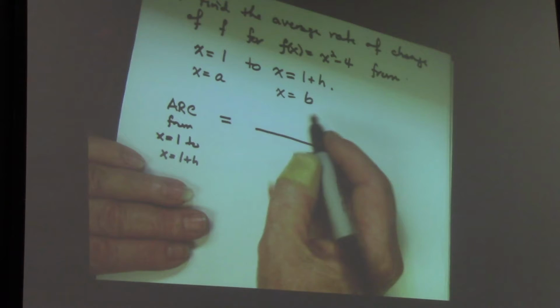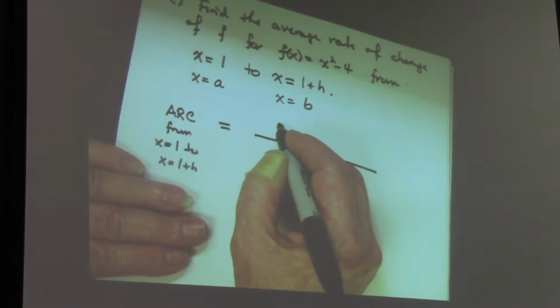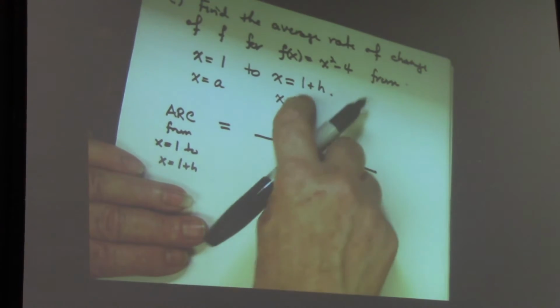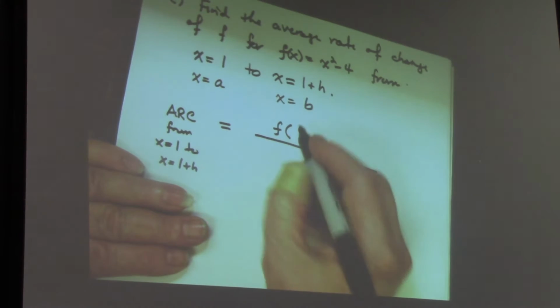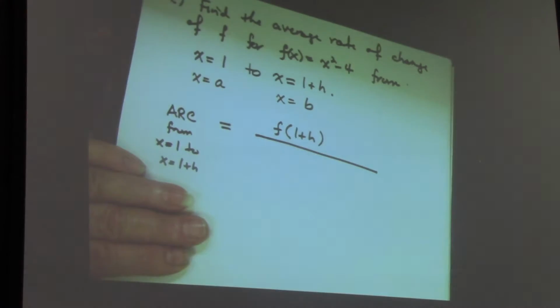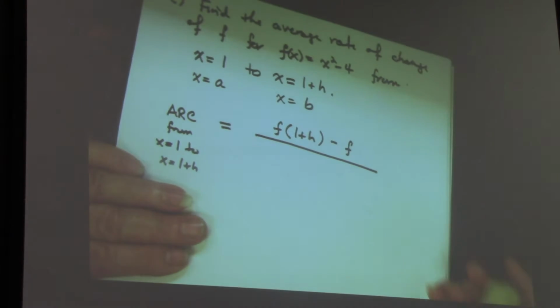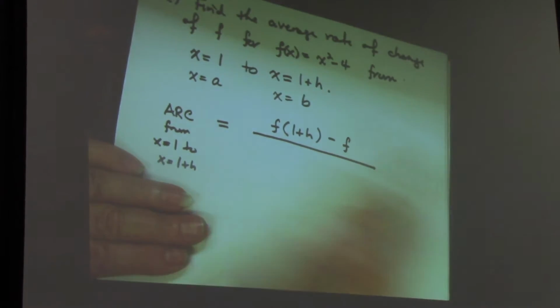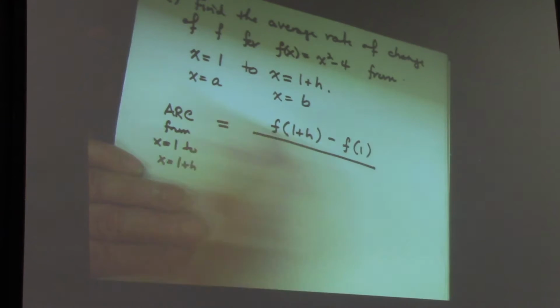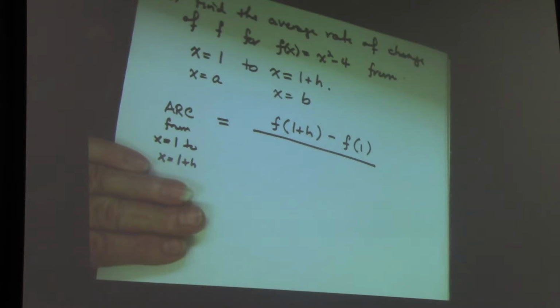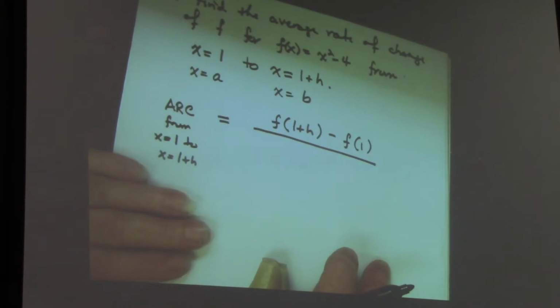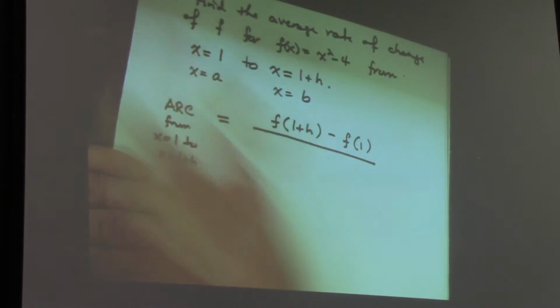By definition, f of b, but b is 1 plus h, so f of 1 plus h minus f of a, but a is 1, so f of 1 plus h minus f of 1, over b minus a.